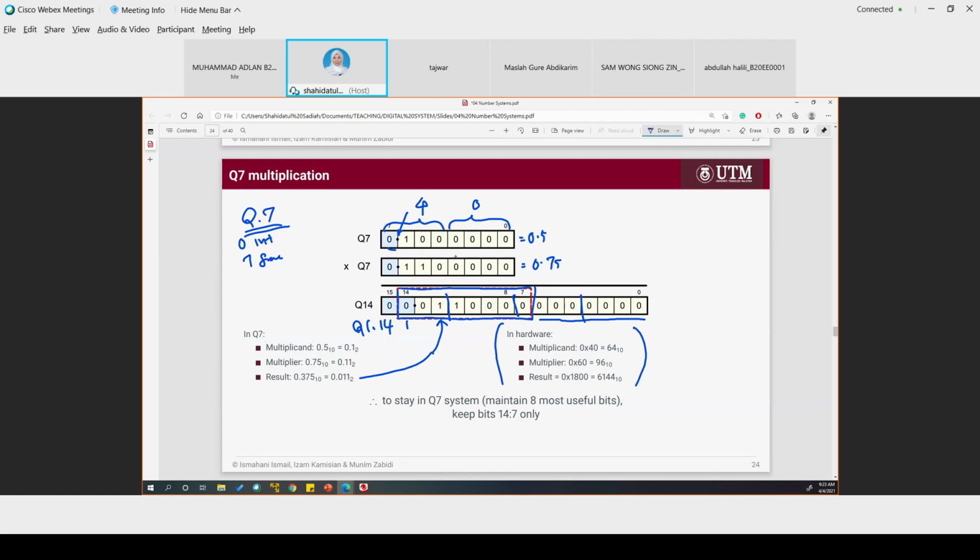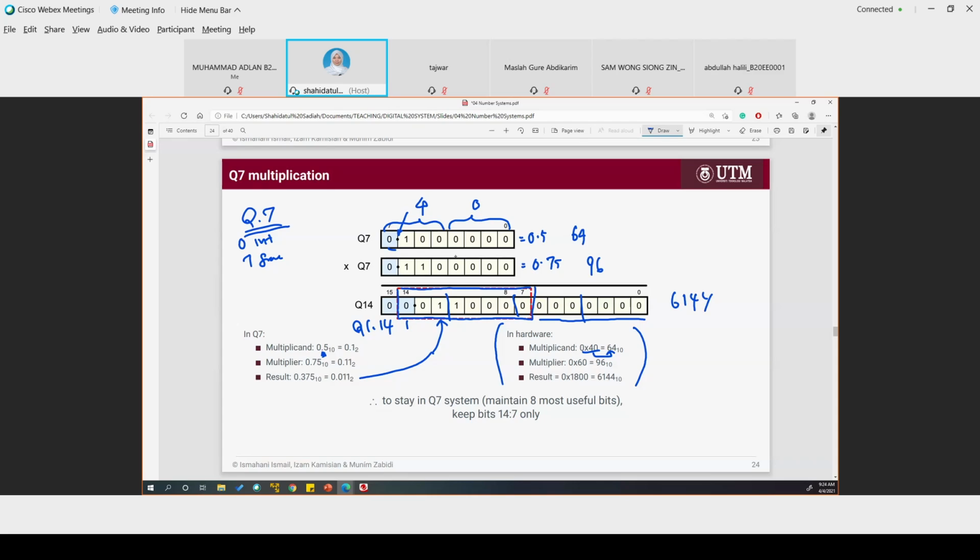This is what the hardware sees. If we translate this hexadecimal to decimal, this is 64, even though as a designer you want this to be 0.5 in decimal. The hardware sees it as 64 in decimal. This is 96 in decimal, and the result is 6144 in the 16-bit.